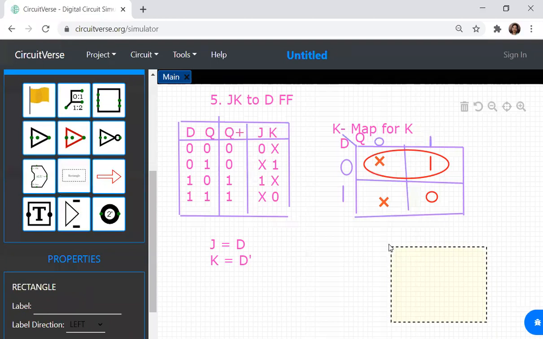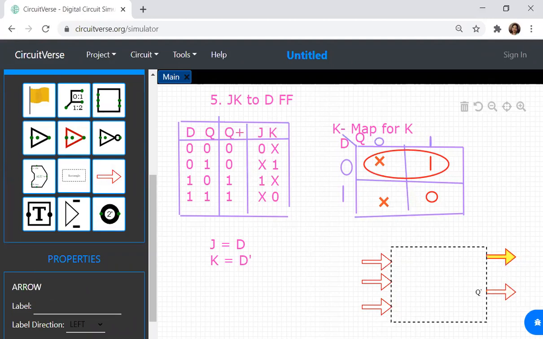So what flip-flop is this? This flip-flop is a JK because I'm converting JK to D. So I have J, clock and K, and I'll be having Q and Q bar. So this is Q bar.